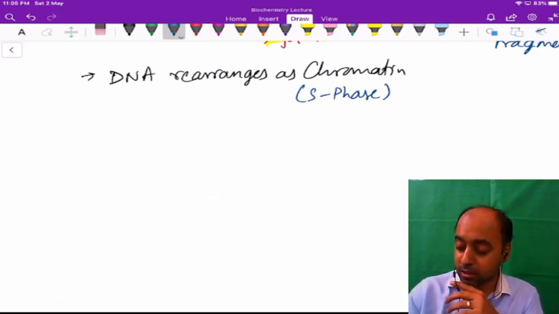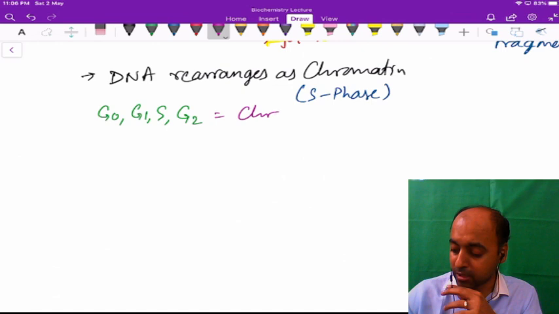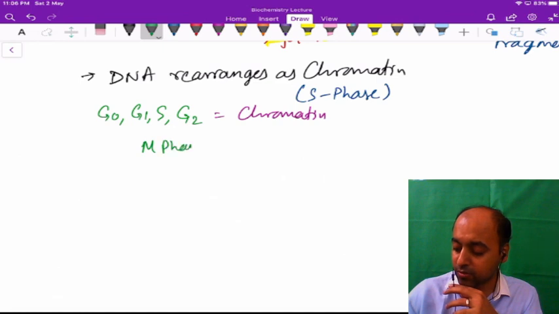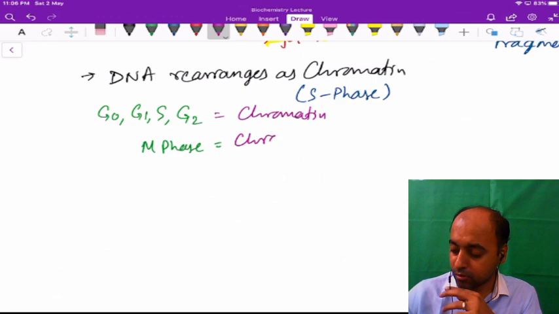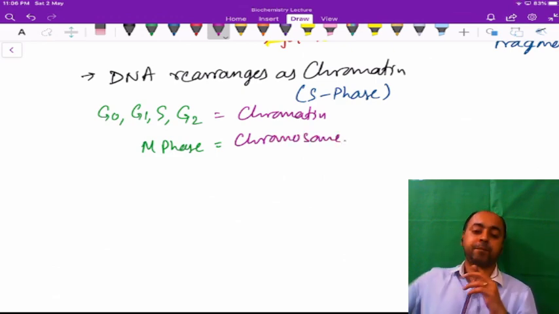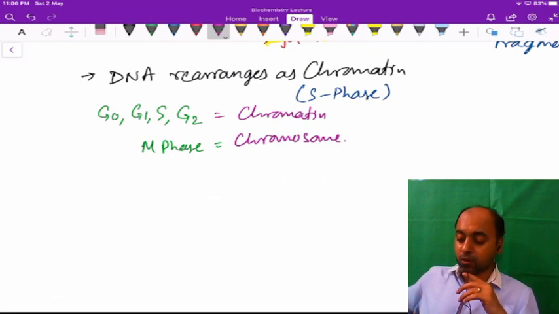This means in the G0 phase, the G1 phase, the S phase, and the G2 phase, we'll get the chromatin. Only in the M phase are we going to get the chromosome. Okay, so this is about DNA replication.